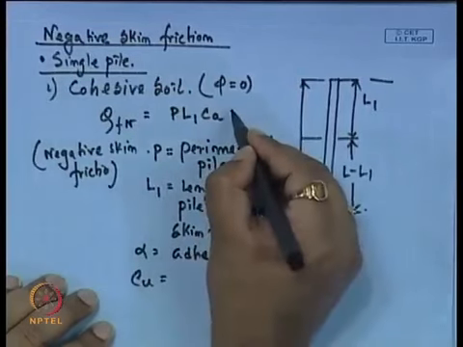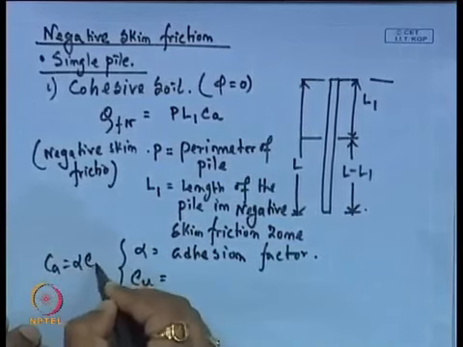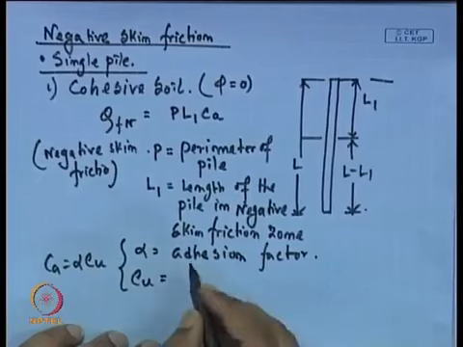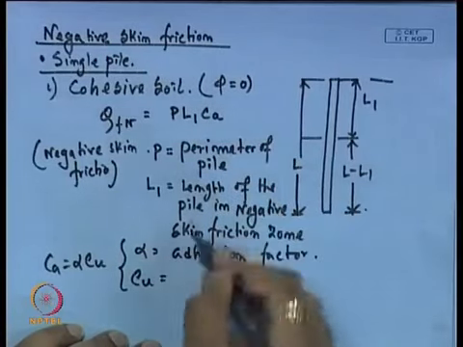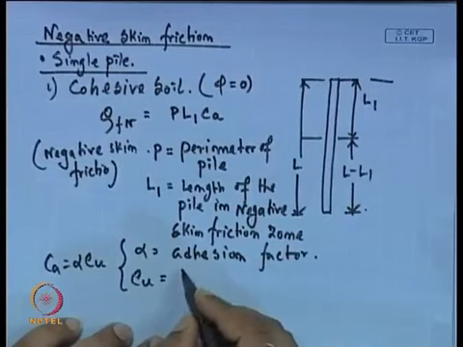So, C A is basically alpha into C u. Here C A is the adhesion and C u is the undrained cohesion of the compressible layer.